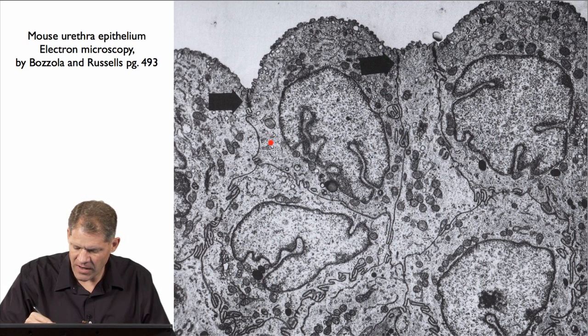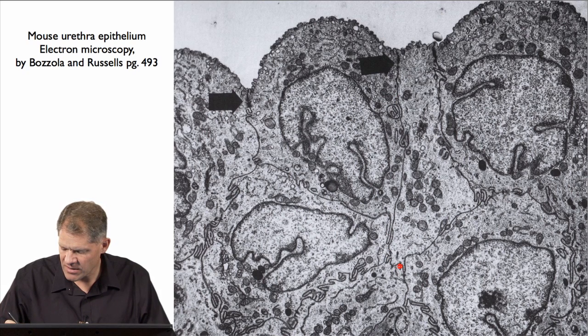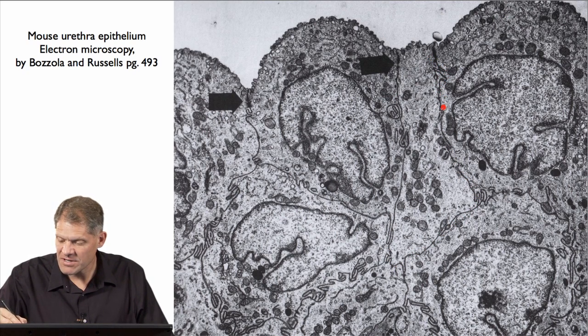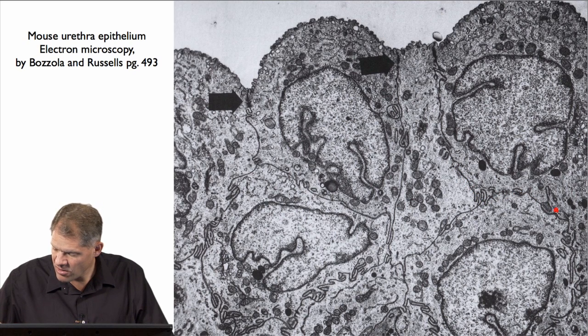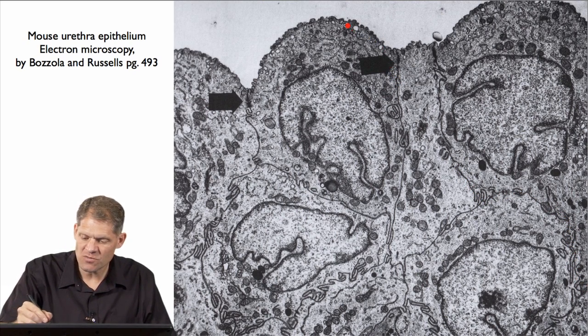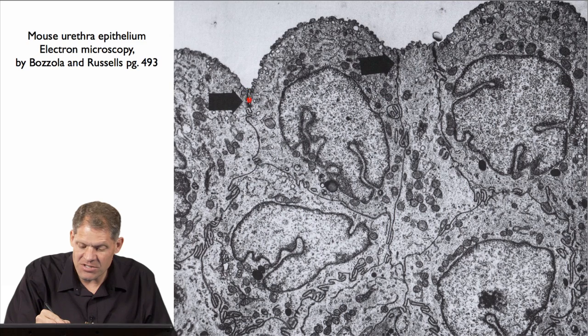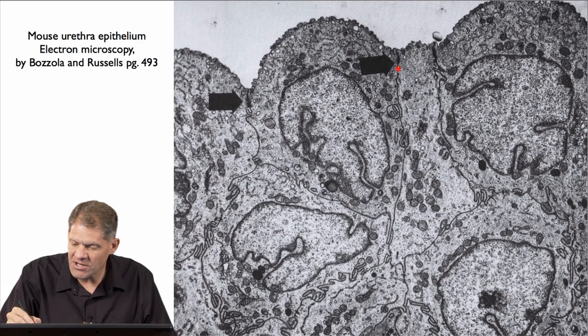So here's one cell, and then here's the next cell next to it, and you can clearly see the membranes around it. Here's the boundaries of the next cell along in the epithelium. And so if you focus on just one cell, what are the features that we can see? Well, this image is highlighting the tight junctions that exist in between each of these cells.